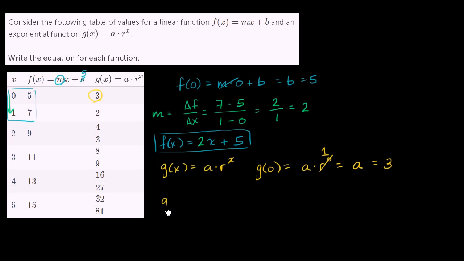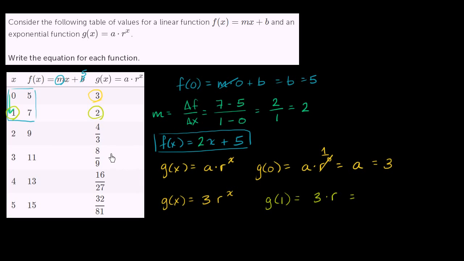So far, we know that our g of x can be written as 3 times r to the x power. Now we can just use any one of the other values they gave us to solve for r. For example, they tell us that g of 1 is equal to 2. g of 1 would be 3 times r to the first power, or just 3 times r.